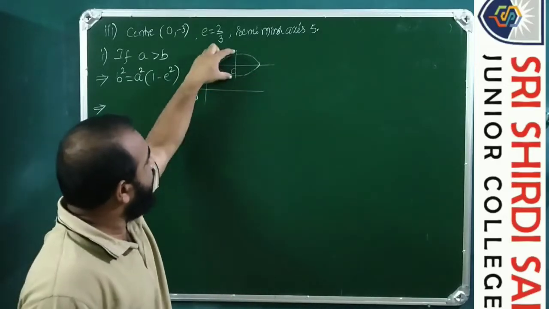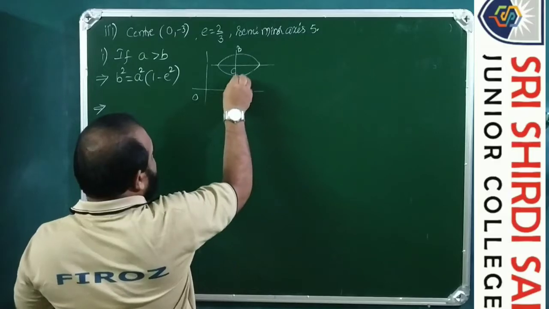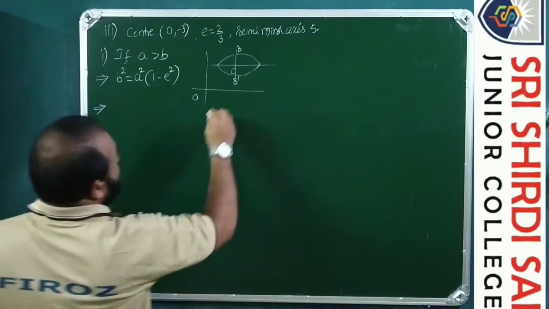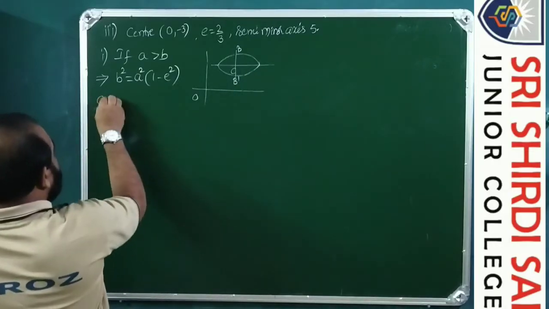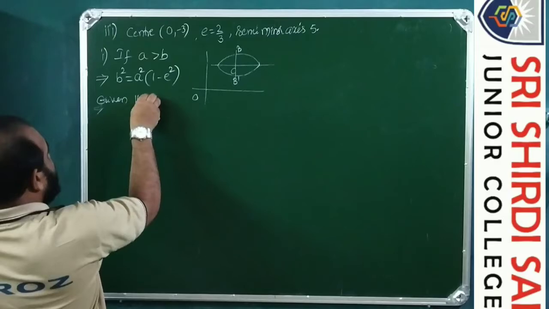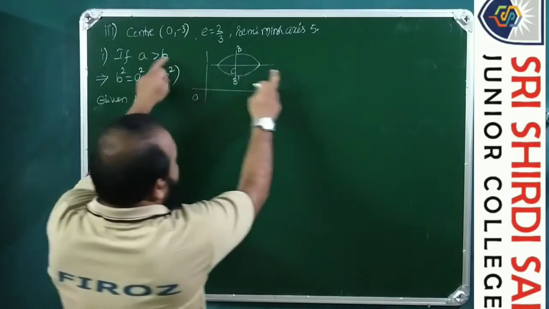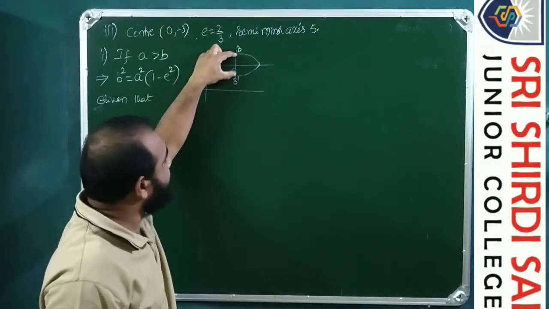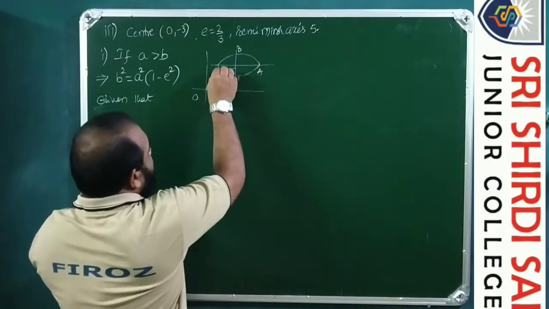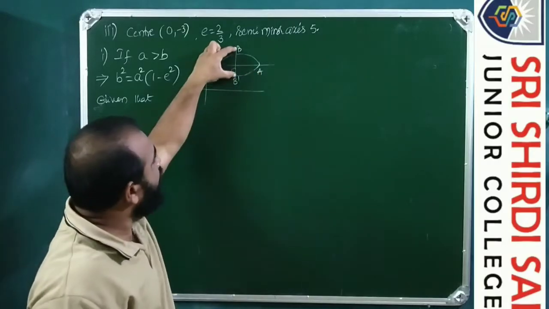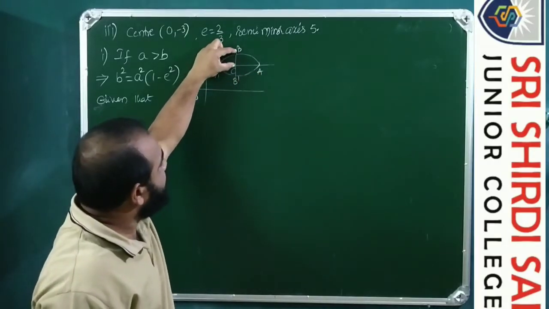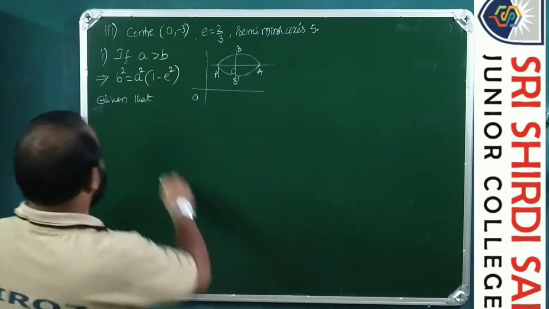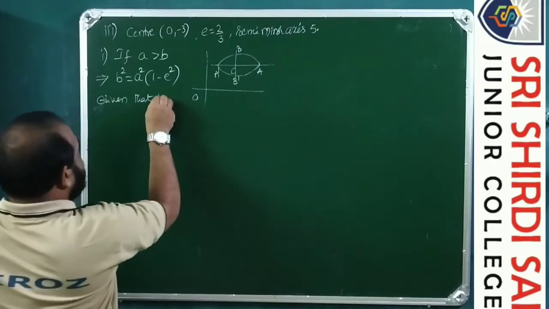For this, the minor axis is B dash, the semi-minor axis means B is equal to the given value. So A dash is the major axis and B dash is the minor axis, where CB is the semi-minor axis. So given that B is equal to 5.